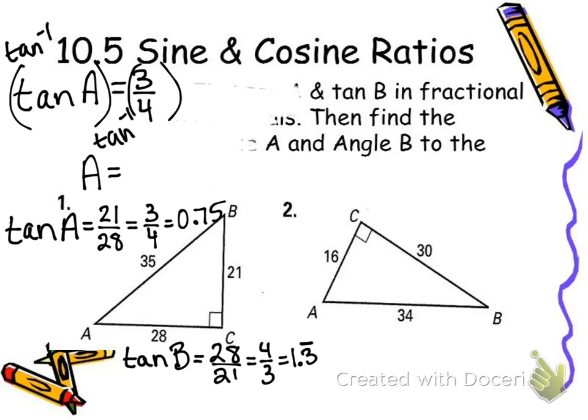Okay, it says to round to the nearest tenth, so what would it be? 36.9 degrees. So we could fill that in our triangle. 36.9 degrees for angle A. We still have to find angle B. You could use inverse tangent again, or what's the shortcut?